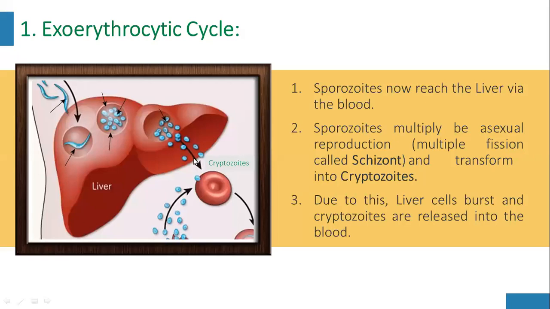This is called exoerythrocytic stage or exoerythrocytic cycle. Take the photograph. Let's move further. The first particular site for multiplication of Plasmodium is the liver itself. So the liver will get infected first.